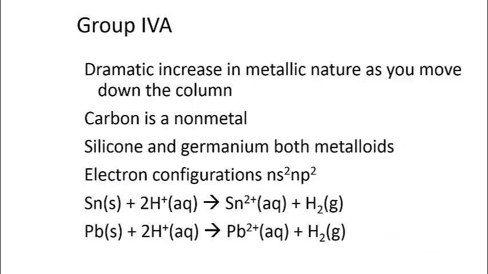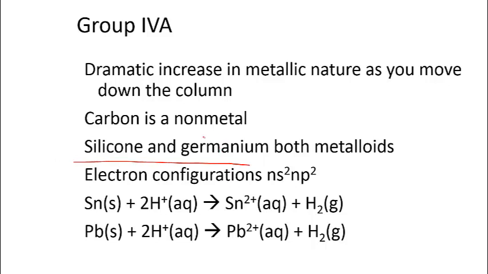The group 4A elements. Now this group of elements shows a dramatic increase in metallic nature as you move down the column. At the top of the column is carbon. Carbon, of course, is a non-metal, followed by two metalloids, silicon and germanium.